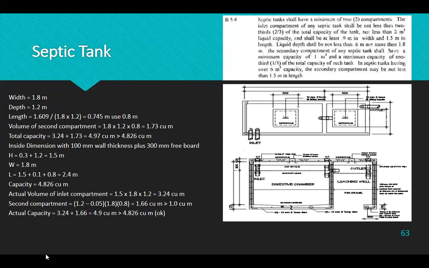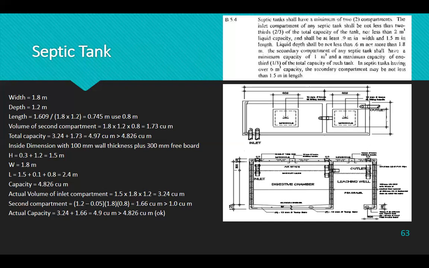Minimum. So, actual volume of inlet compartment is 1.5 times 1.8 times 1.2 is 3.24. Second compartment, actual siya, 1.2 minus 0.05 kasi ito, dapat 2 inches. Ang difference niya, di ba? Every chamber, 2 inches. So, 2 inches is 0.05 meters.